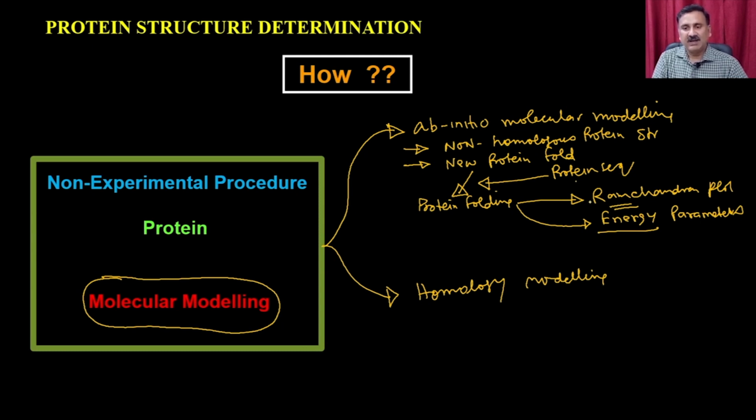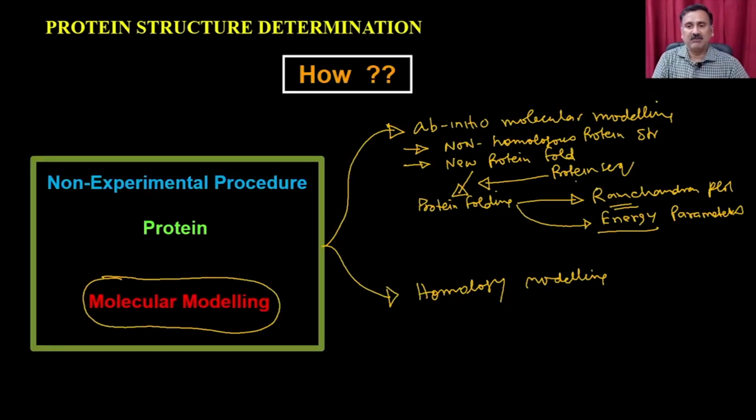So both of these parameters can be used to determine whether the predicted protein fold is correct or wrong, and using this you can go with ab initio molecular modeling.